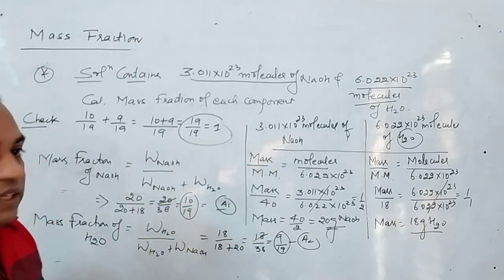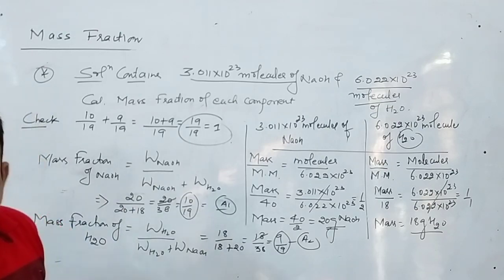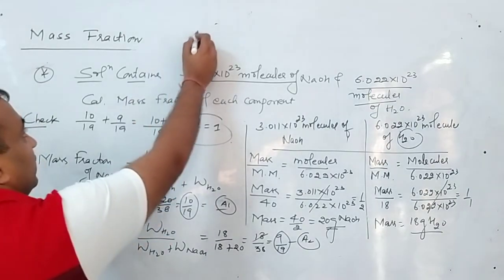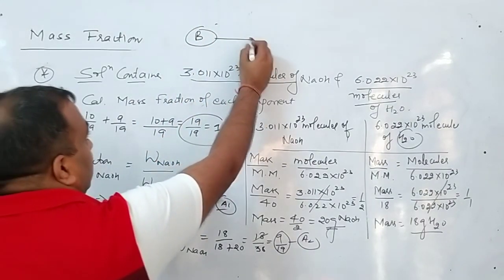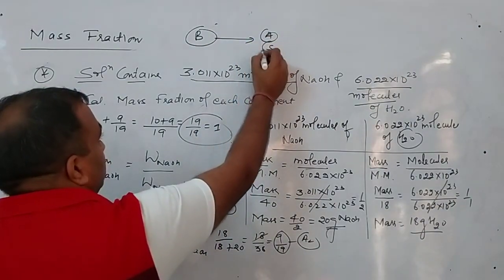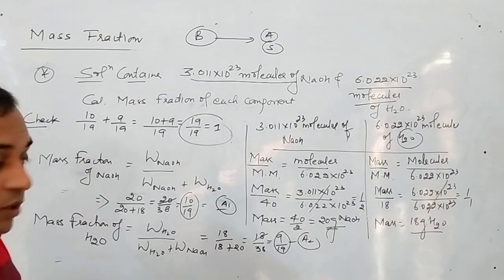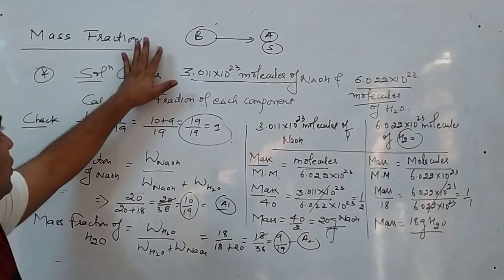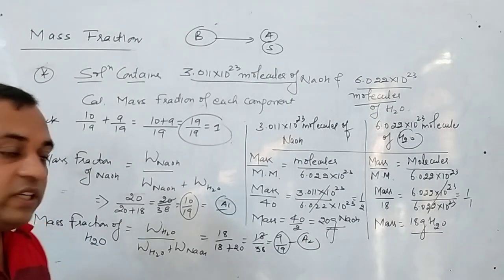Then what is the meaning of concentration? Concentration means that we have to calculate the parts of solute in either solvent or solution. Clear? And today we have done the first concentration term, that is mass fraction. What is mass fraction?